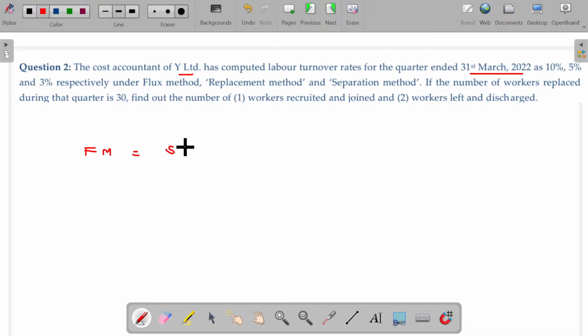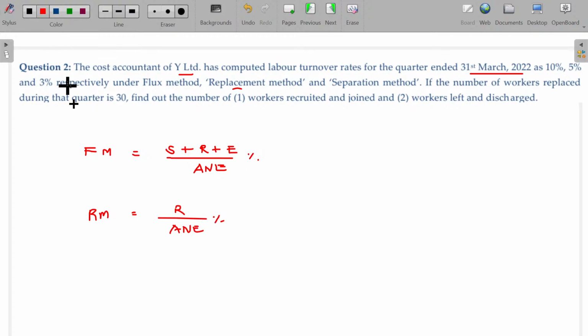Number of employees separated plus number of employees replaced and recruited for the expansion purpose divided by average number of employees. And in case of replacement method, number of employees replaced divided by average number of employees into 100. And in case of separation method, number of employees separated from us divided by average number of employees in percentage.